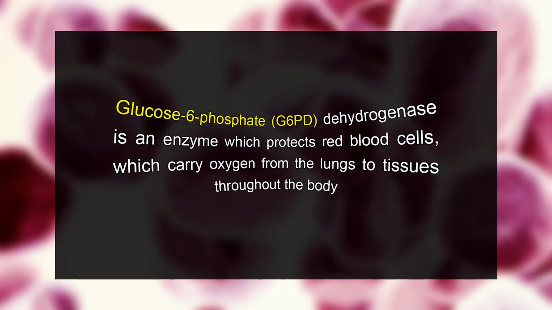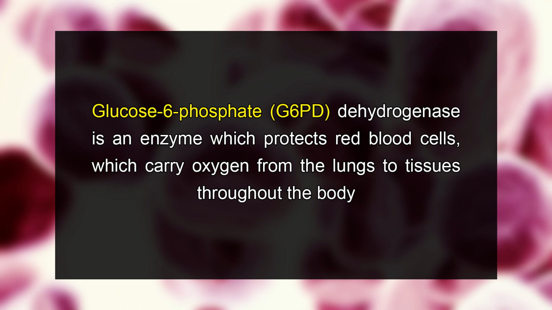It's an X-linked recessive disorder that results in a defective glucose 6-phosphate dehydrogenase enzyme. Glucose 6-phosphate dehydrogenase is an enzyme which protects red blood cells, which carry oxygen from the lungs to tissues throughout the body. A defect of the enzyme results in the premature breakdown of red blood cells.